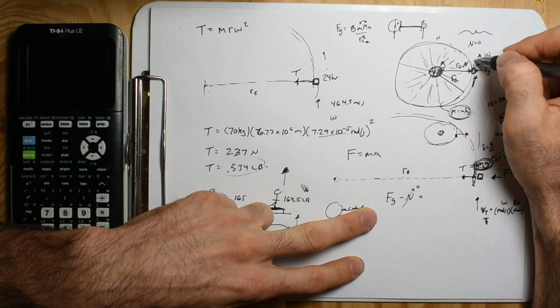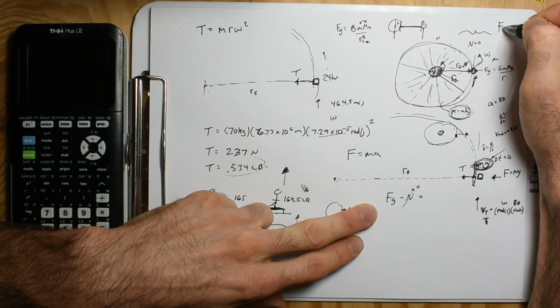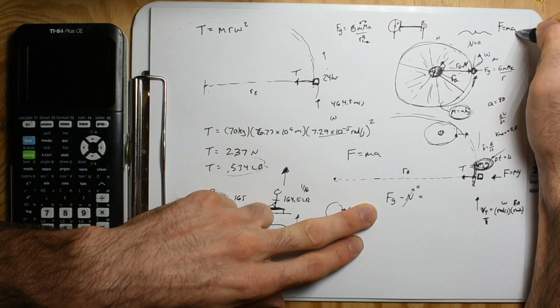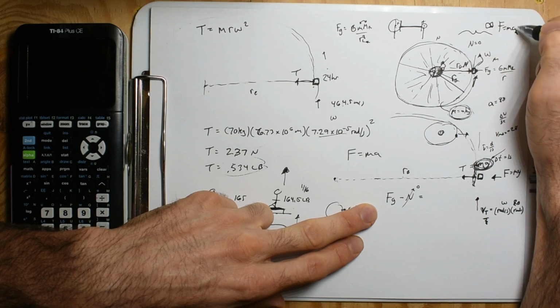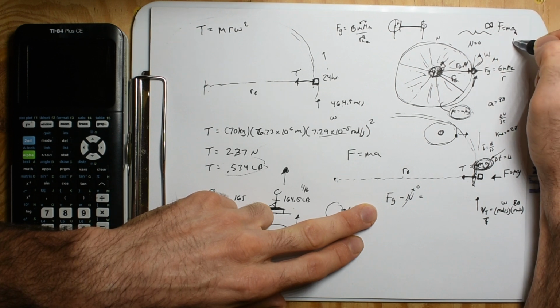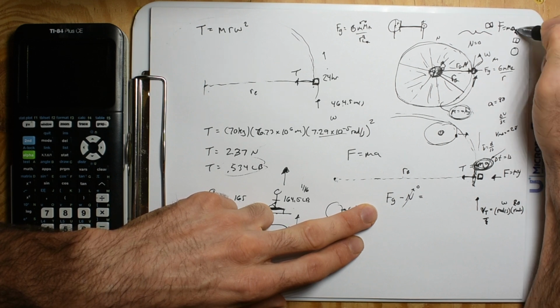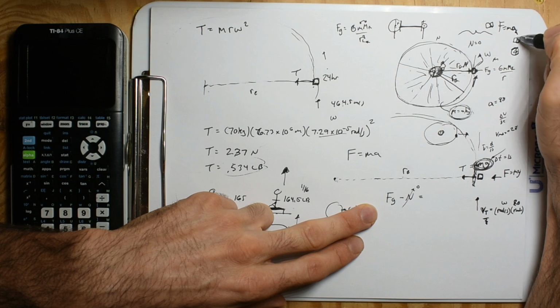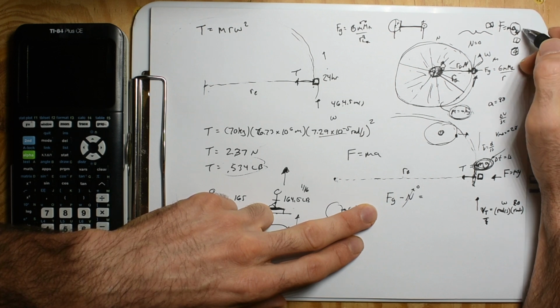We're on the side, and we know from F equals ma that this side of the equation is where I've always put the textbook. You need to know that going around a circle causes an acceleration towards the center. So you definitely have to have knowledge about what things cause acceleration.